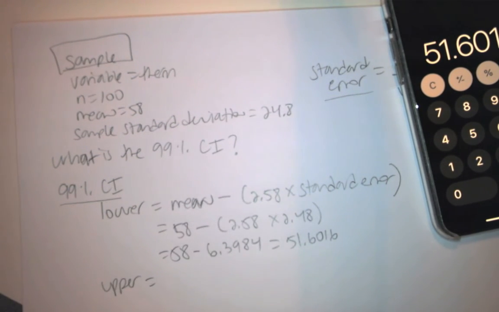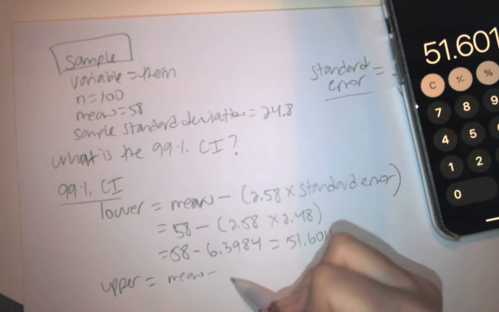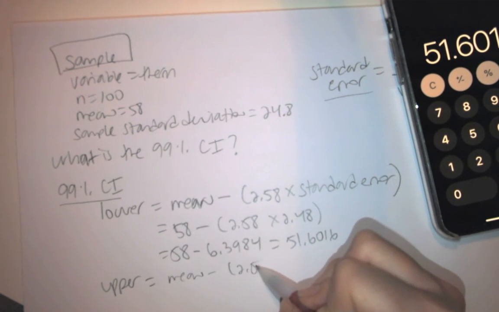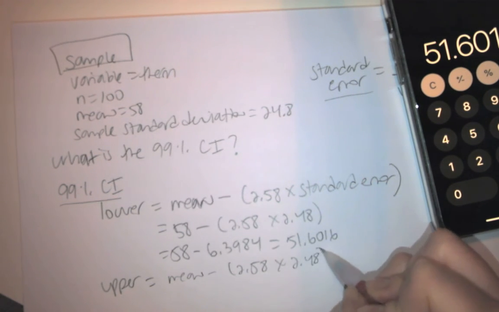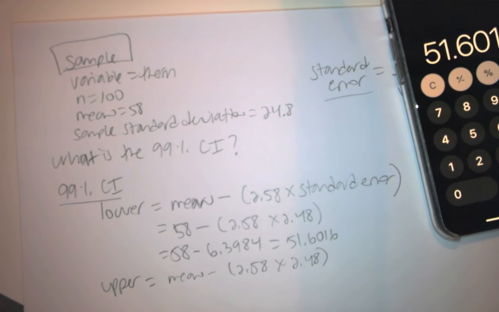My upper band for the confidence interval is the mean plus that z-score times my standard error, so it's just going to be plus.